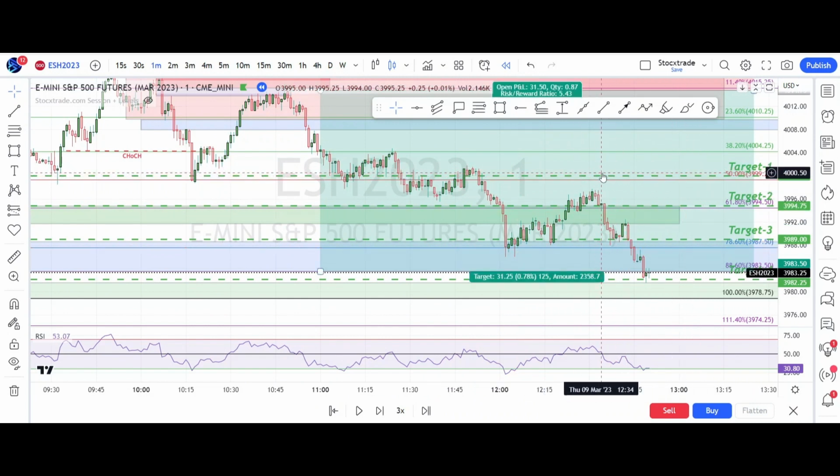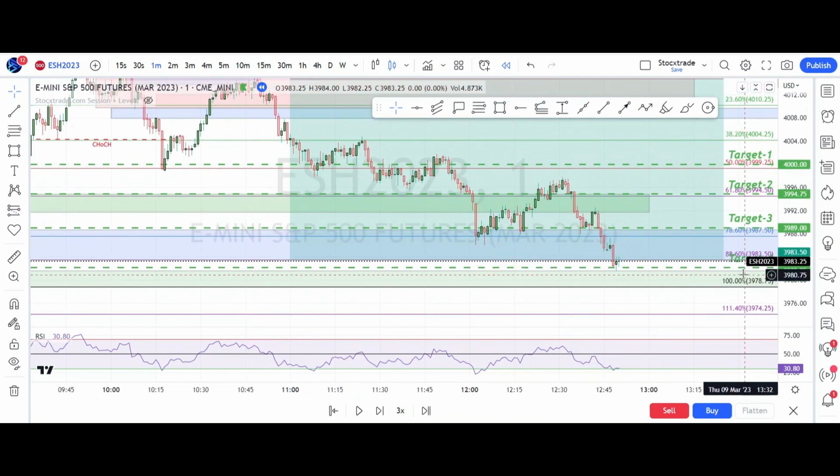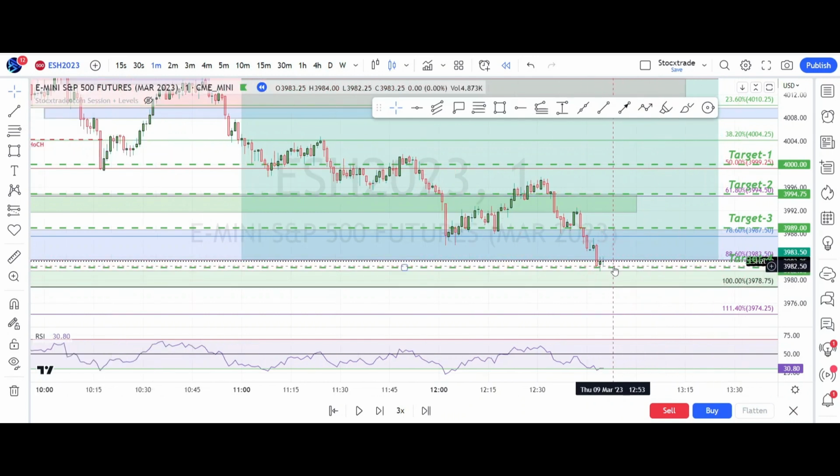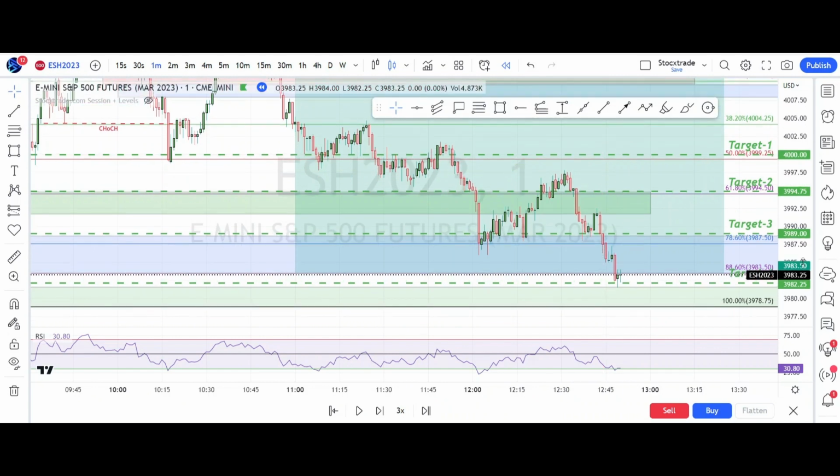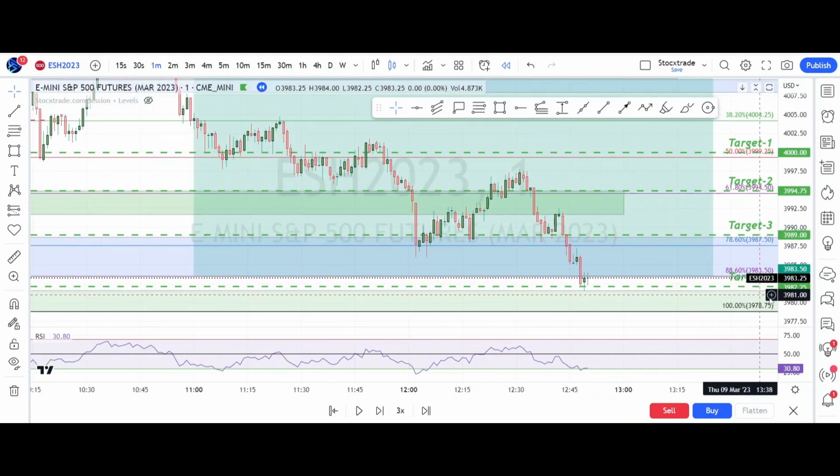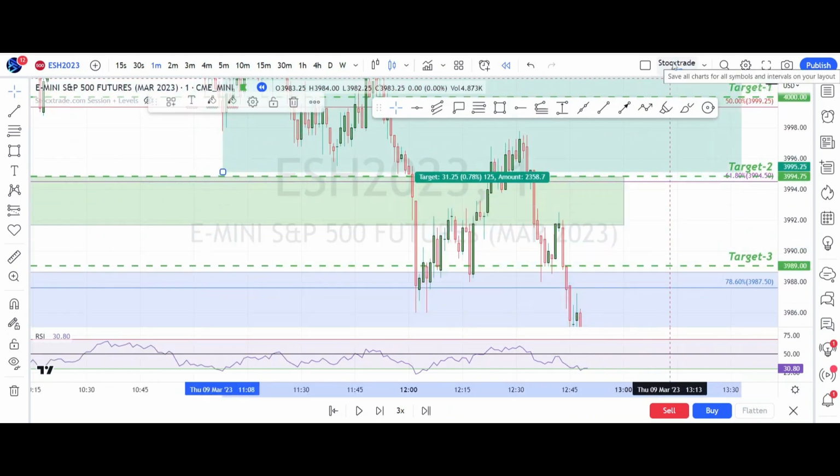So you can see the price still didn't hit your stop loss, and you are in a trade with the fourth target. Your fourth target hit here, and also your ultimate target, because I have already marked this.